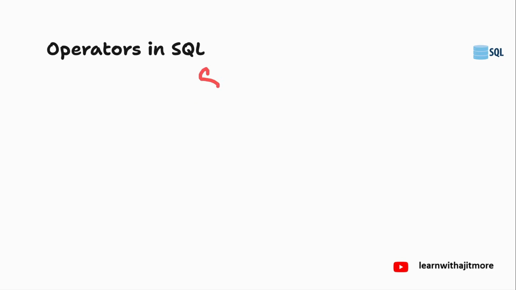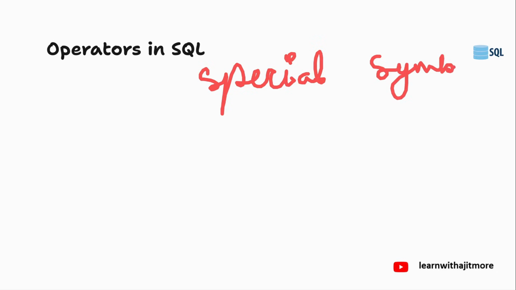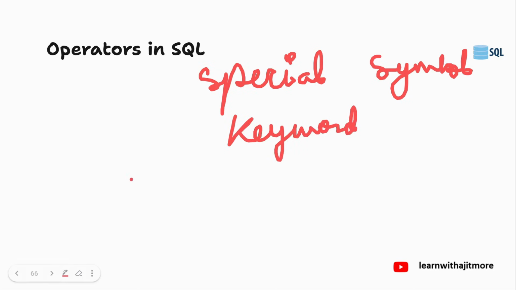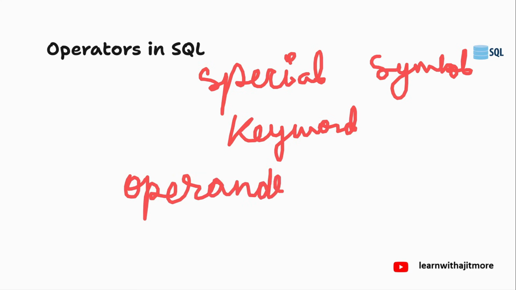So operator, as I said, is a special symbol, or you can say it is a keyword, which is performing some specific operation on operands, okay, and returning a single value as result.